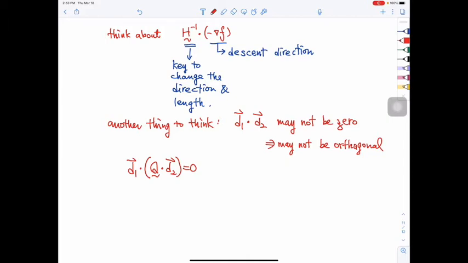So D2 is being transformed, being rotated, and maybe being scaled. Once D2 is transformed into a new vector, that new vector is orthogonal to D1. So you can say Q is like a transformation matrix.